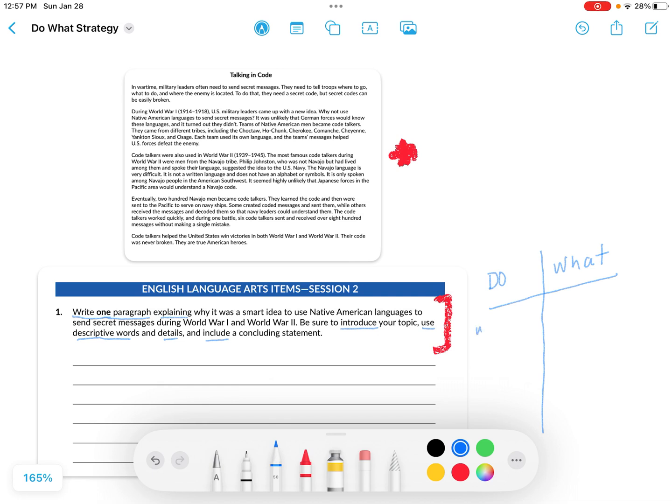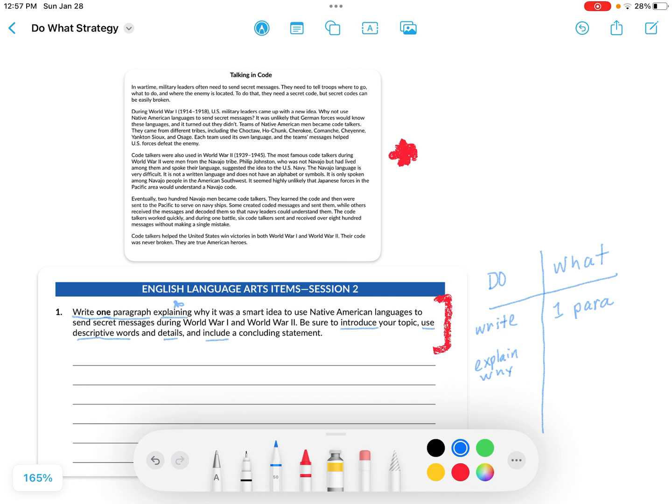So they're writing 1 paragraph. They are going back here and looking, they have to explain why it was a smart idea to use Native American languages to send secret messages during World War I and World War II.